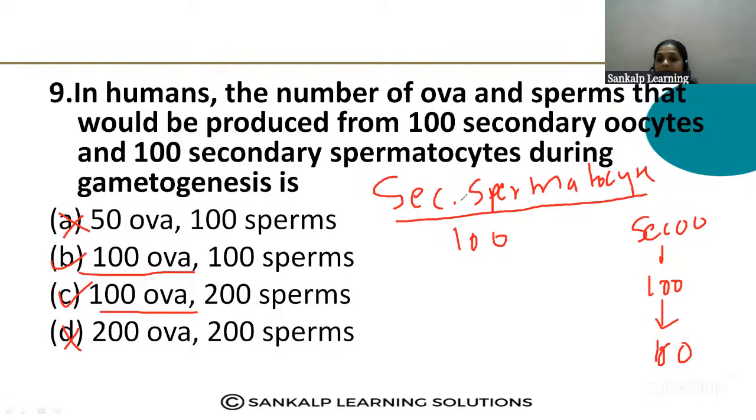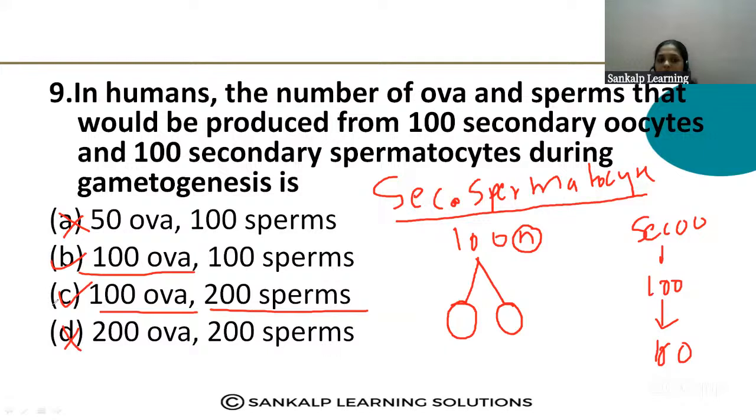Then secondary spermatocytes are haploid in number, so they complete the second meiotic division. Each secondary spermatocyte produces two sperms. So 100 secondary spermatocytes will produce 200 sperms.